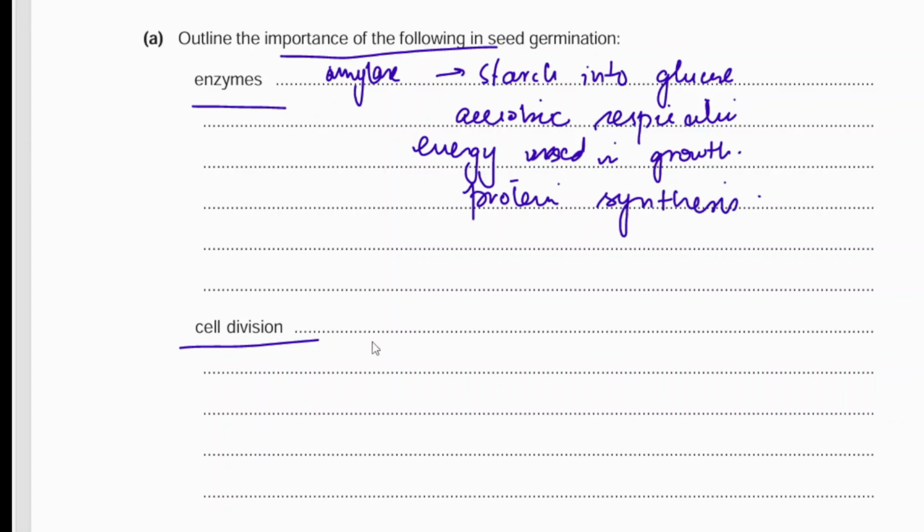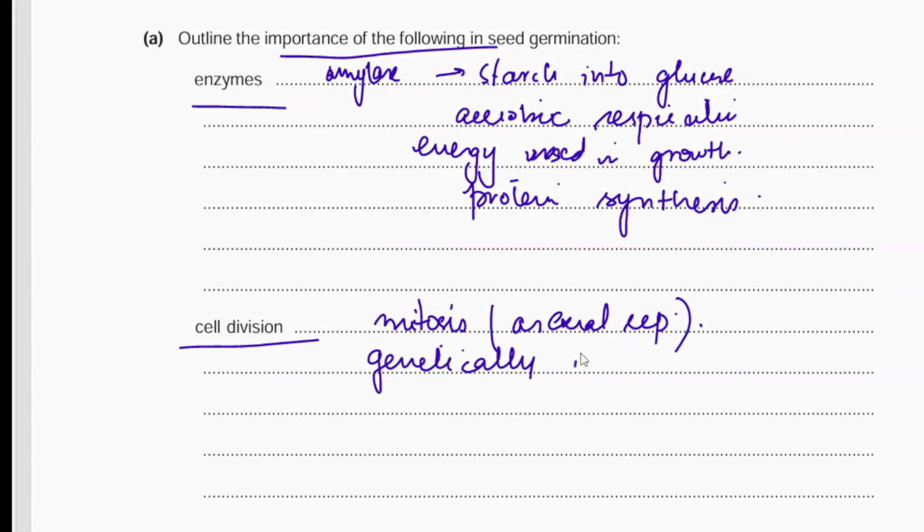How about cell division? Mitosis would take place, that is asexual reproduction, producing genetically identical cells. Then the cell division results in the formation of the two parts, radicle and plumule. I guess these are enough.